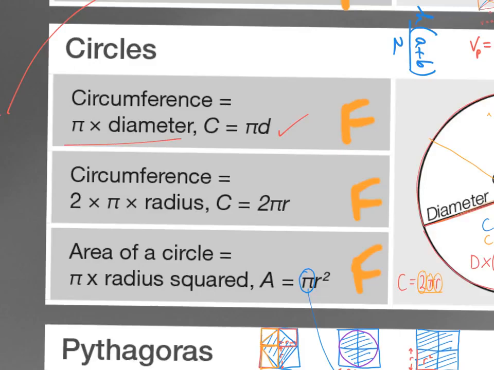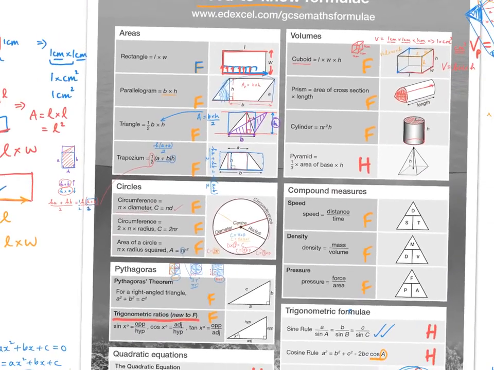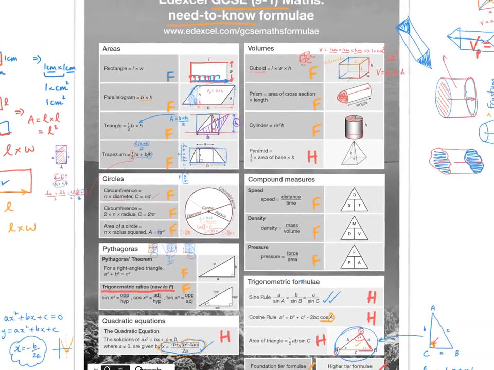So let's go outwards a little bit and see what ones we've done. Let's have a little recap and see what's left. So I know what we've got to do next. We've done a lot of the rectangle, parallelogram, triangle, trapezium. We've looked at the cuboid, prism. Don't forget we were looking at the cylinder, weren't we?